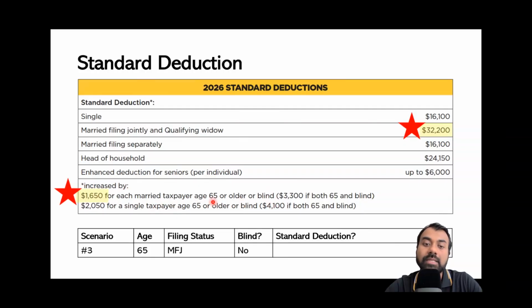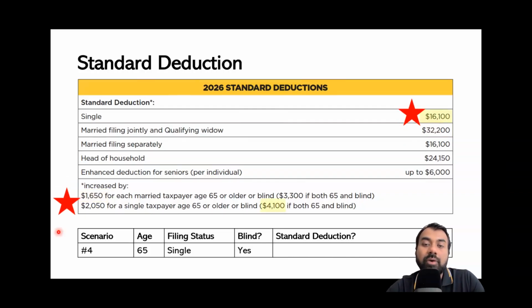Now, they are not blind, but they are 65. And that's why each person here will get an additional 1,650 standard deduction. What that means is we have our regular standard deduction of 32,200, and then each person here is getting an additional 1,650. That's why we multiply that number by 2, and then we get our total standard deduction of 35,500.